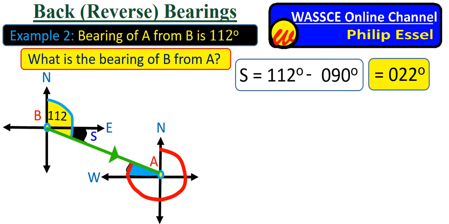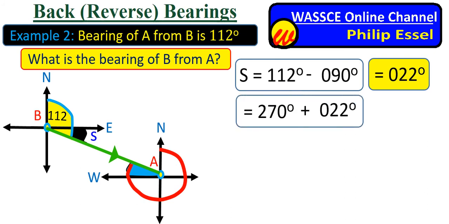Remember that the blue angle has a value of 22 degrees because that angle is the same as the angle S. So the total movement will be 270 degrees plus 22 degrees. 270 plus 22 degrees would give us 292 degrees.